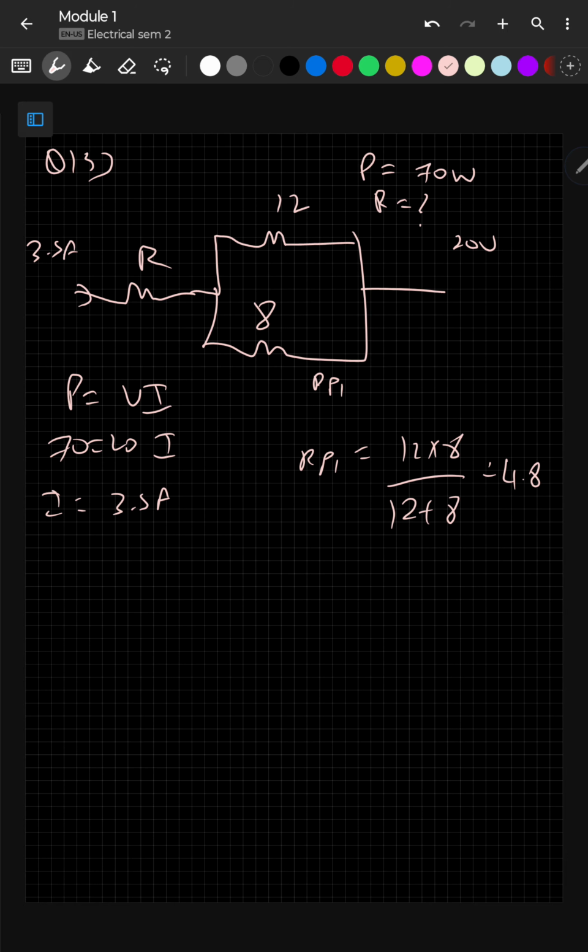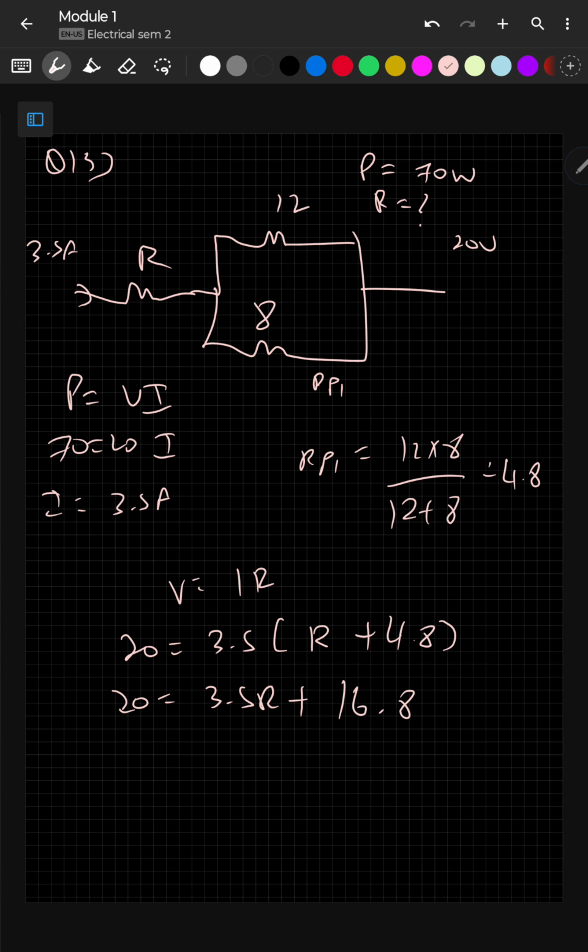So V equals IR. So 20 equals 3.5 into R plus 4.8. So 20 equals 3.5 R plus 4.8 into 3.5, that is 16.8. So 20 minus 16.8 gives me 3.2 equals 3.5 R. So 3.2 by 3.5 gives me the R value as 0.91 ohm.